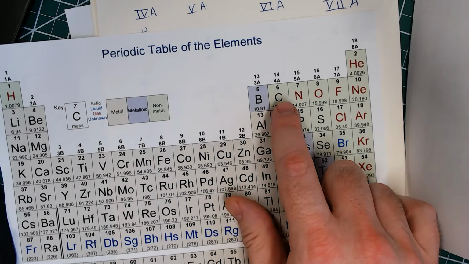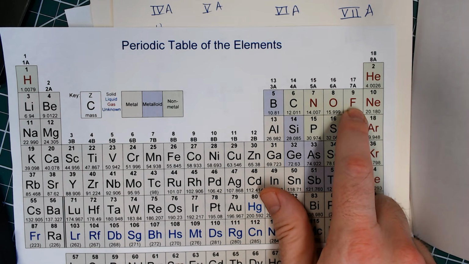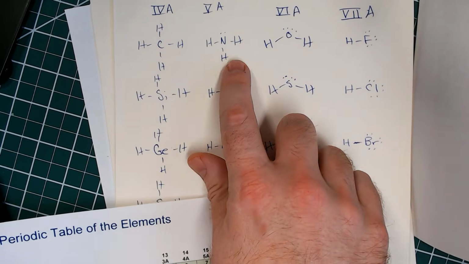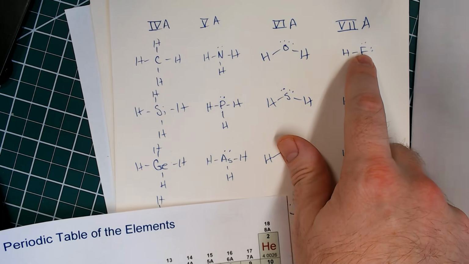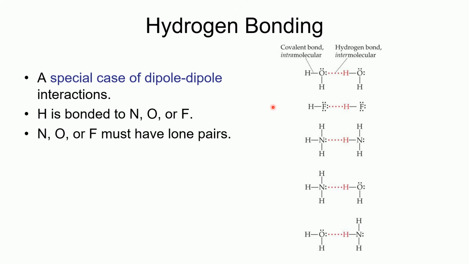All right, so there's nitrogen, oxygen, and fluorine. They're all in period 2 of our periodic table. All right, so here's ammonia, water, and HF, all in period 2 of the periodic table. And the reason that that is important is that the electrons in period 2 of the periodic table are very tightly held to those atoms.